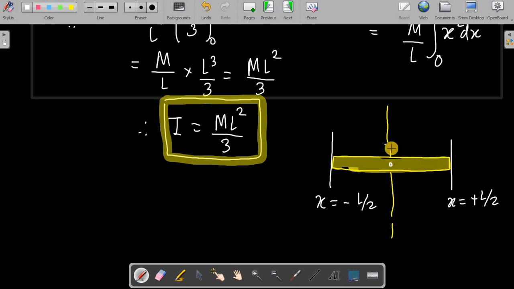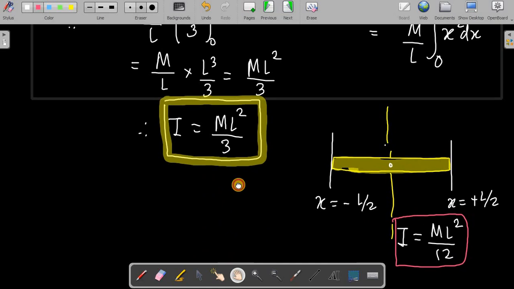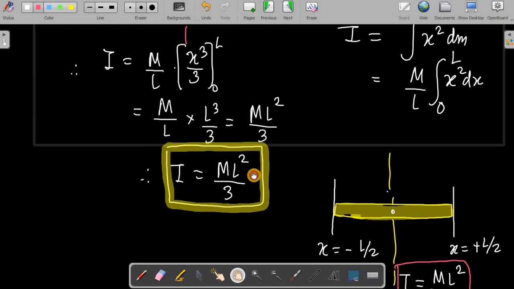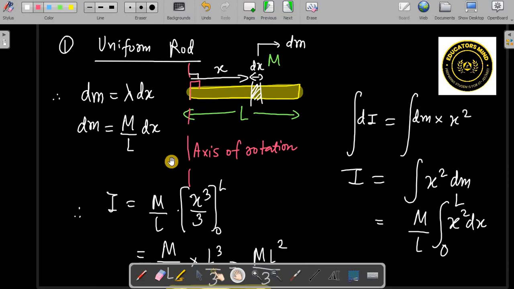Once you calculate I about this axis, that will come to ML square by 12. So all these results we should note, and there are a lot of results which you have to remember in this chapter. This is about moment of inertia calculations for continuous bodies. From a standard textbook you can note down all the important results.